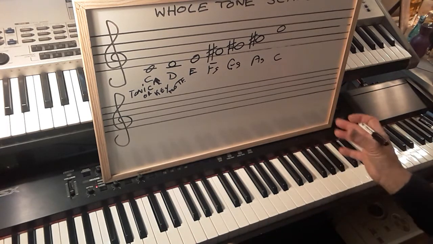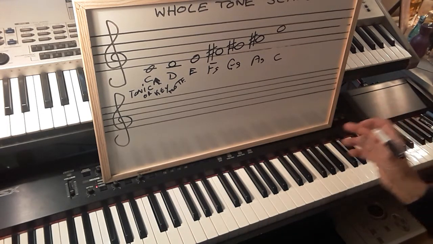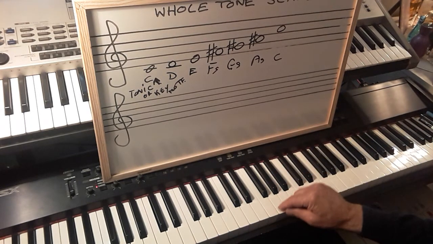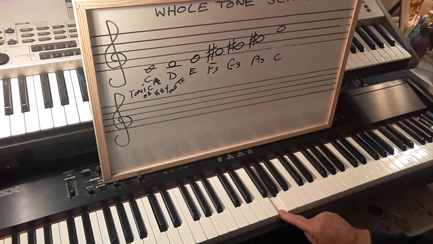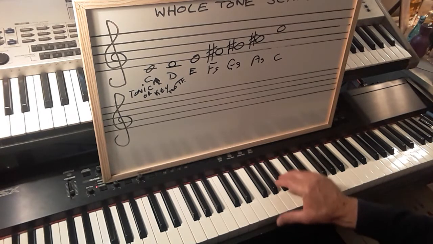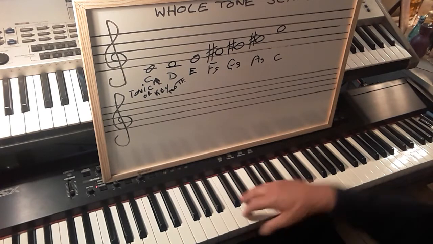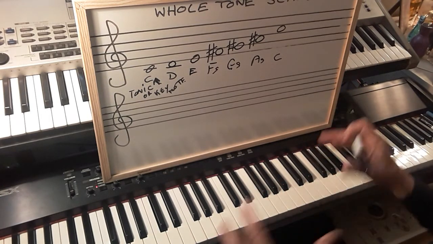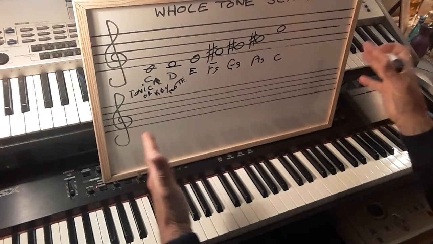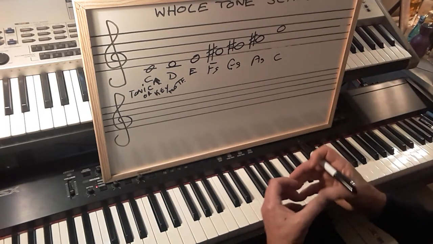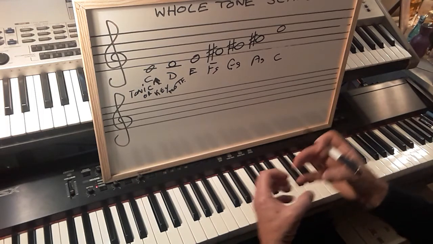You can't say I'm going to form the C whole tone scale and then start on, say, G, because the scale you're going to form is going to be the G whole tone scale, right? And when you've got the notes, you can mix them all up. You can do what you want, but to form it, it's all got to be in root position. It's like a plant. A plant has a root and it grows from that.